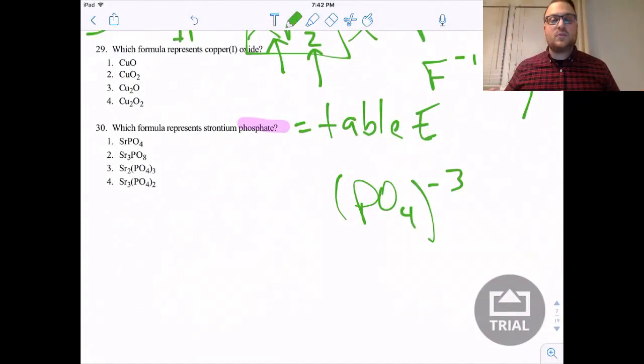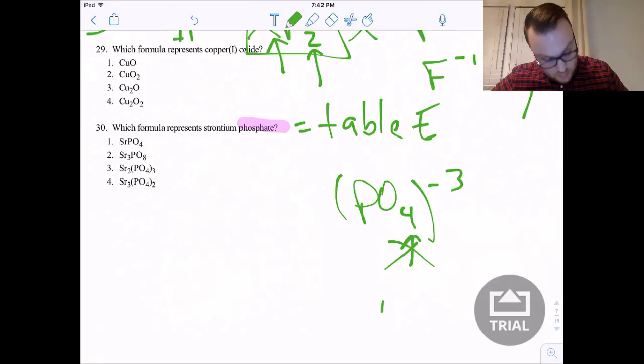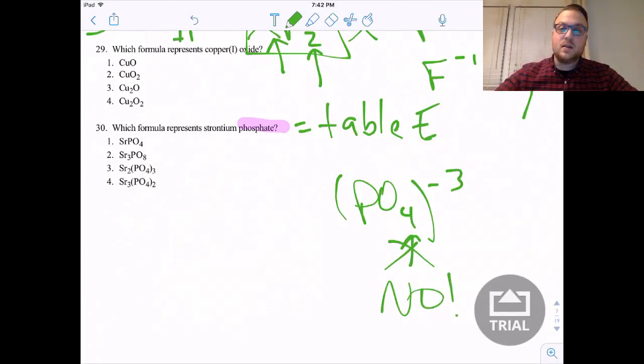So do not start doing 4 times 3. Don't do that. No. Bad. I'm going to put a sad face in the circle in the O. It's bad. So don't do that. You still crisscross normally. Keep the parentheses on your phosphate. Keep your parentheses on your Table E stuff. And just, again, take your time.